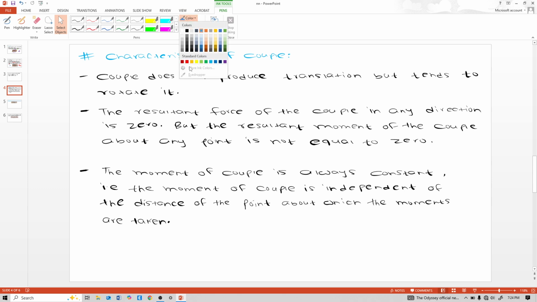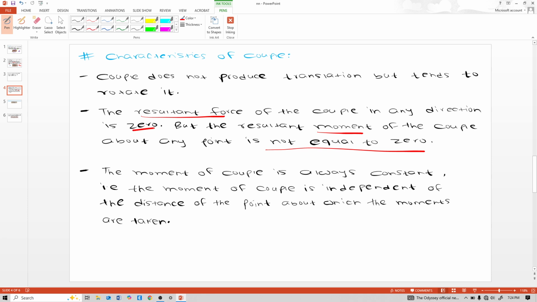Resultant moment is not zero, because there is always some moment there, but the resultant force is zero. We will see this in our next slide. The next bullet point is: the moment of a couple is always constant. That means the moment of a couple is independent of the distance of the point about which the moments are taken.